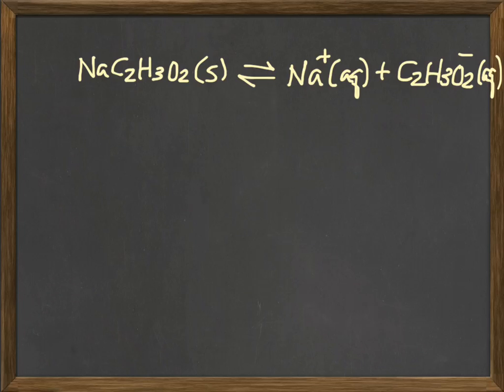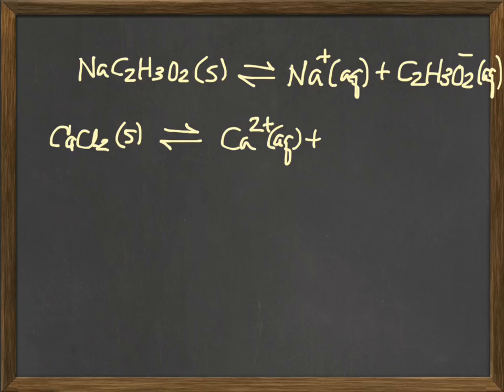What if we had something like calcium chloride? Well, that's going to form calcium 2 plus and 2 chlorides. It's not 1-to-1. So the molar solubility: if I have 1 mole of this, I'm going to get 1 mole of that and 2 moles of this.